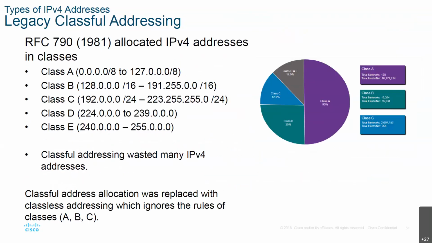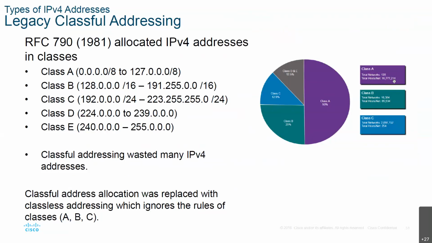Now, earlier, according to RFC 790 in 1981, we had allocated some classes of addresses, but we are not adhering to this anymore. Class A had this range, and it can have a total of 128 networks, and the total number of hosts you can have is over 16 million.